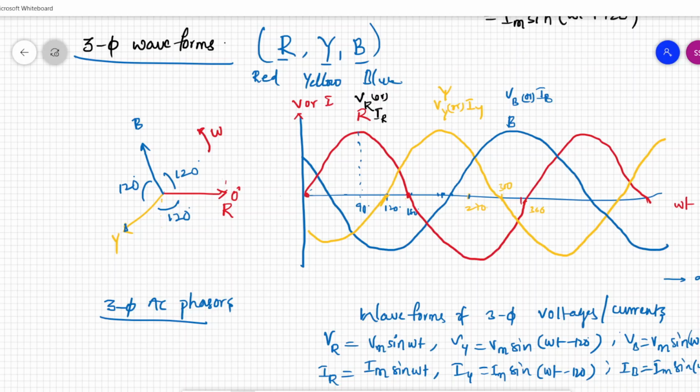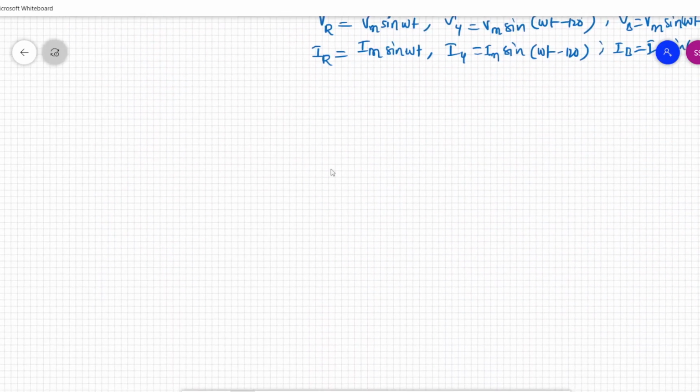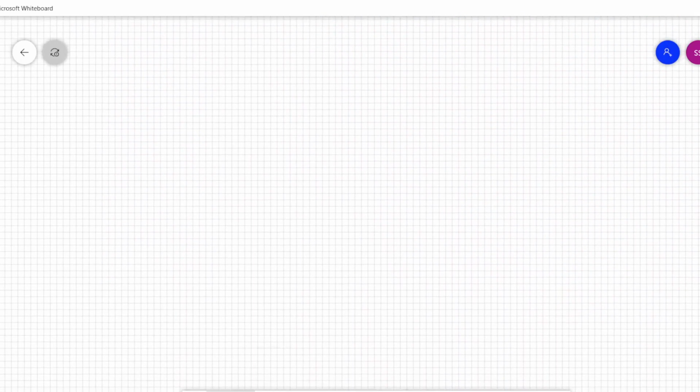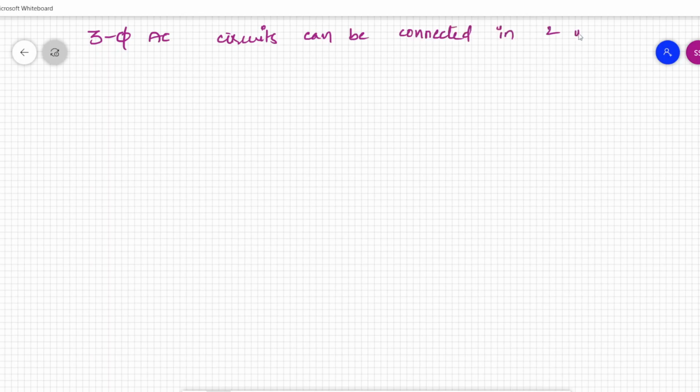Okay, now let us see how these three phase circuits can be connected. Three phase AC circuits can be connected in two ways. First one is star connection, second one is delta connection.